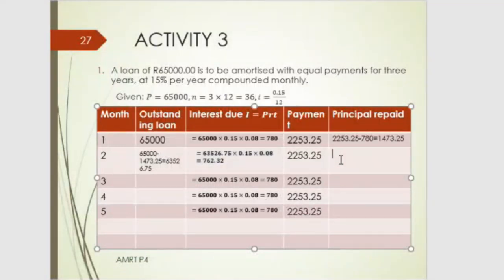So now we take that payment 2253.25 minus that 762.32 to give us. Okay, what is the answer here? I'm getting 1490.93.